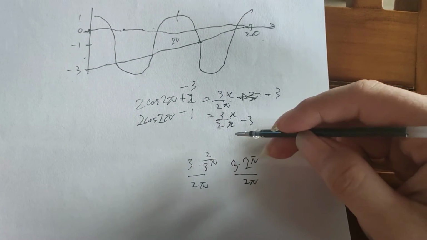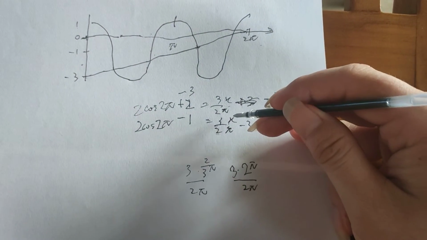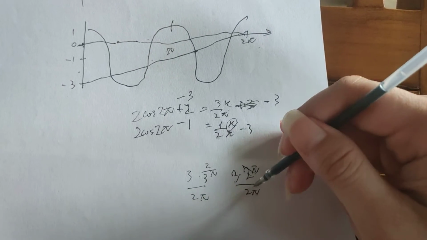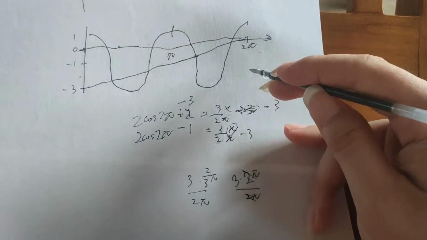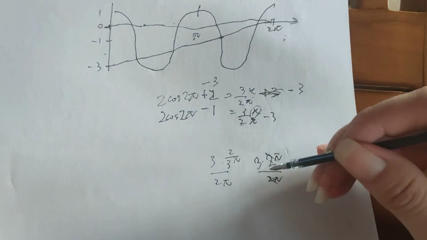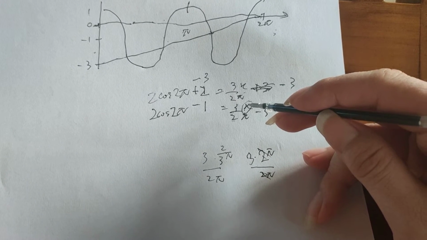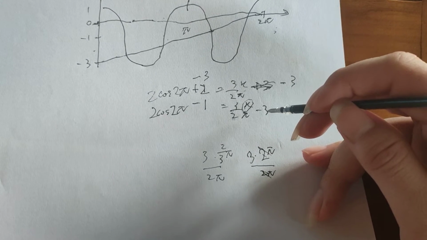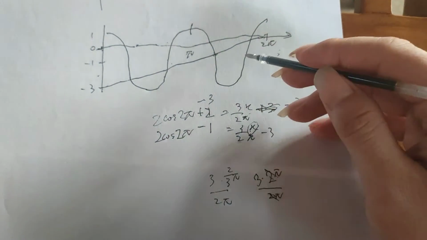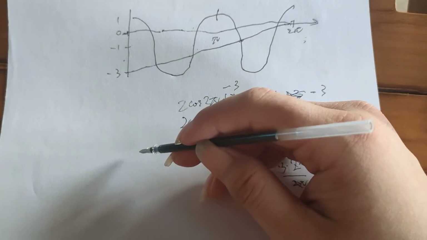You see, when x is 2 pi, 2 pi and 2 pi cancel, so 3 minus 3 is 0. And when x is 0, it is negative 3. So you see, there's 4 points. So the answer is 4.